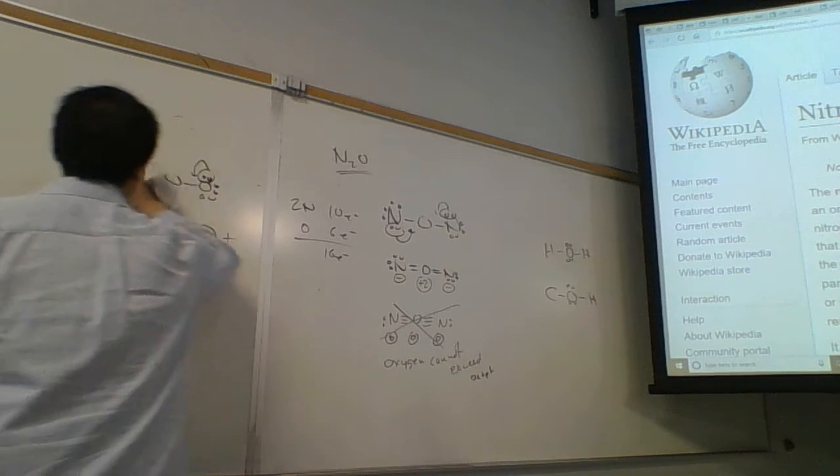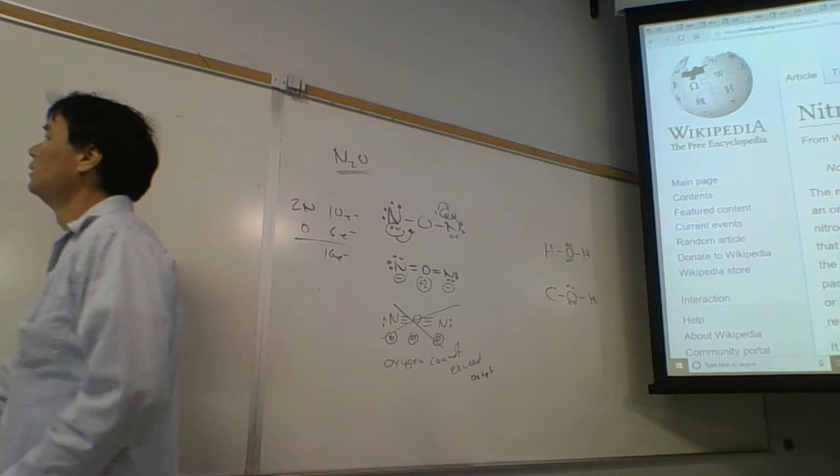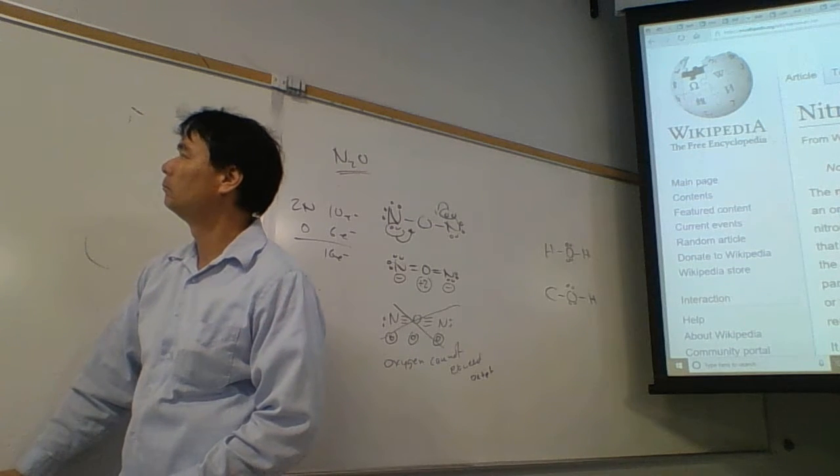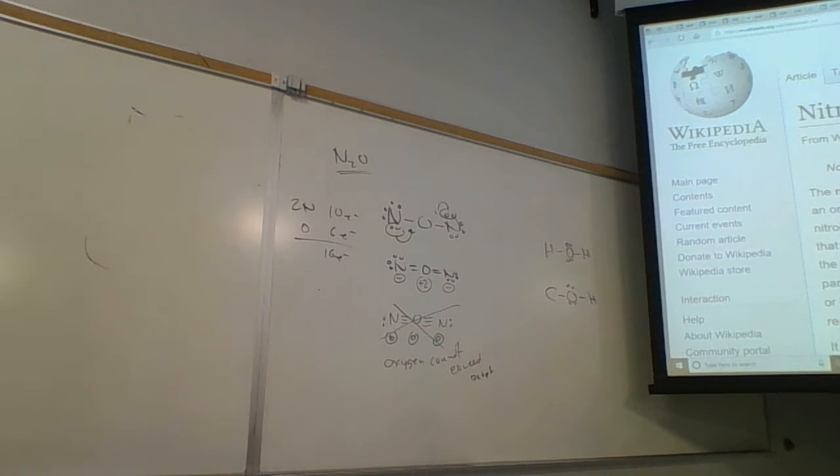We're still not there yet because, why? It doesn't have an octet. And so, well, okay, nitrogen made that sacrifice. Now what we're going to do is we're going to make oxygen make a sacrifice like this. We'll call that A. And so both nitrogen and oxygen will make a sacrifice to complete the octet in the center.